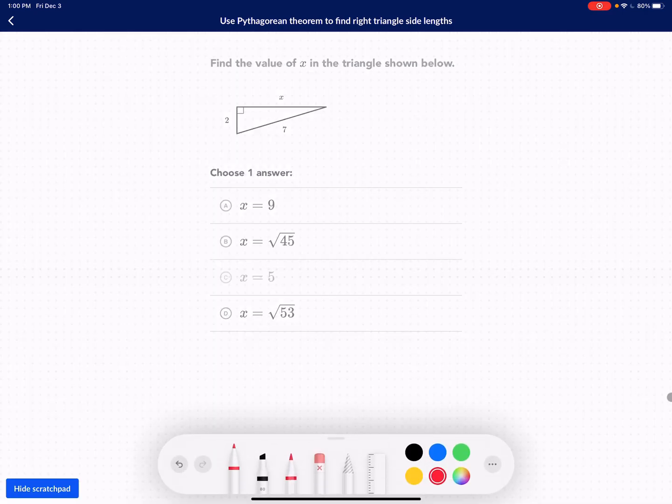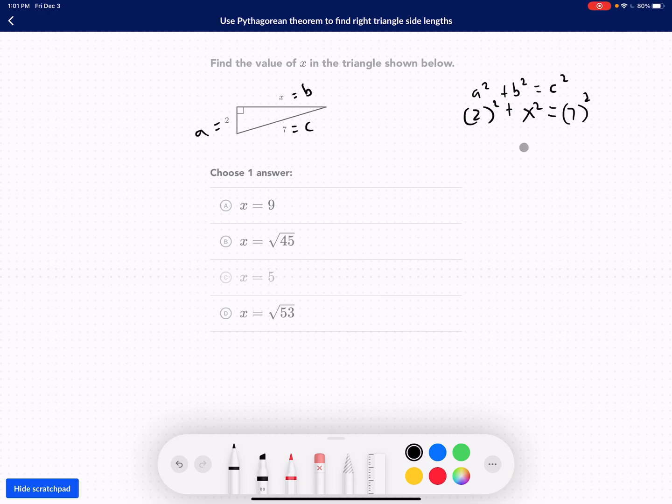All right, so once again, identify the hypotenuse. That is my hypotenuse. A and B. And then we write the equation down always. And then a squared, a is 2. B is x. And then c is 7.